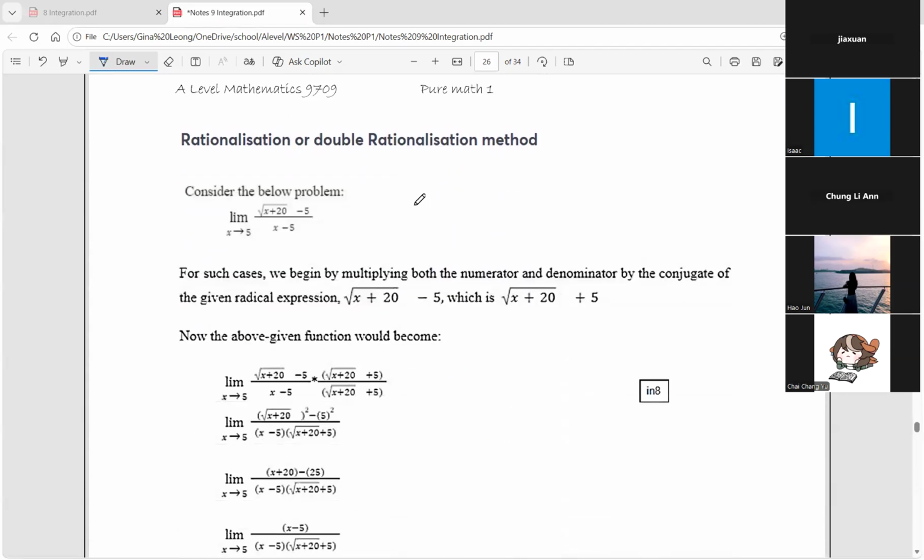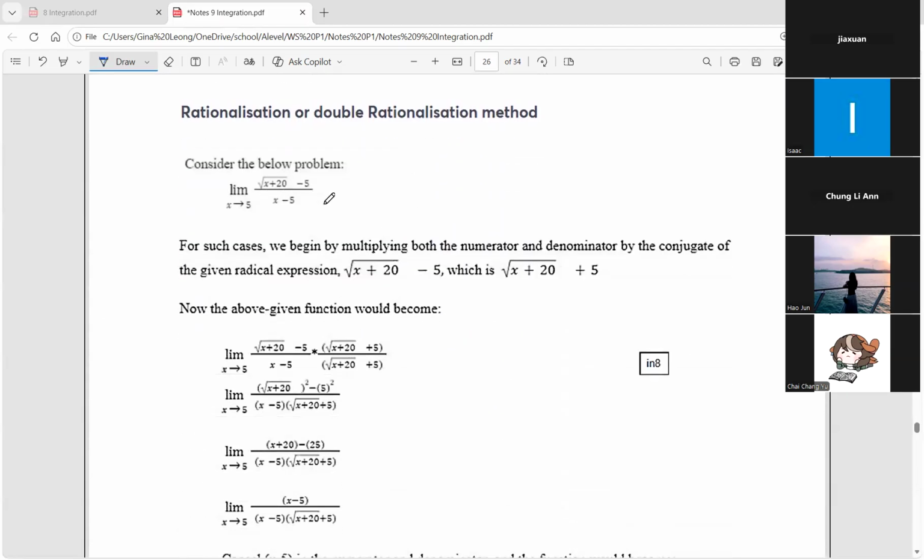So we have another one here, where you need to do the rationalization. I think you learned it before. What is rationalization? Rationalization means that you need to multiply by the conjugate of this value. If it is minus, then you become plus.